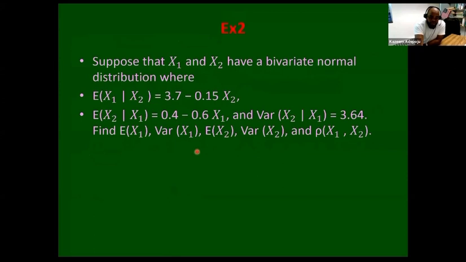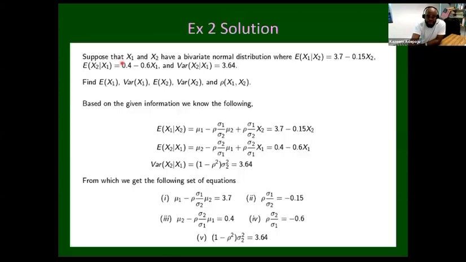And I put a solution here. It's super easy. This is what you have. They gave you this, and you have to find this. But remember from the formula, the expected value of x1 given x2 is this.